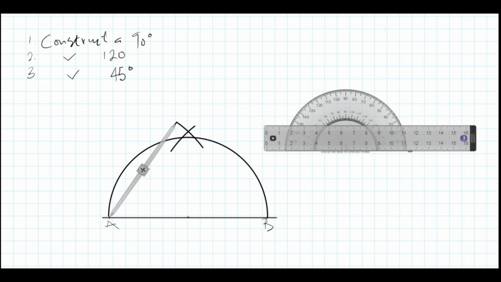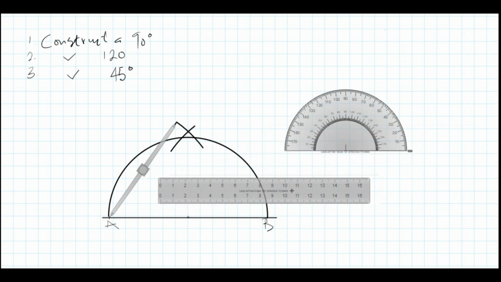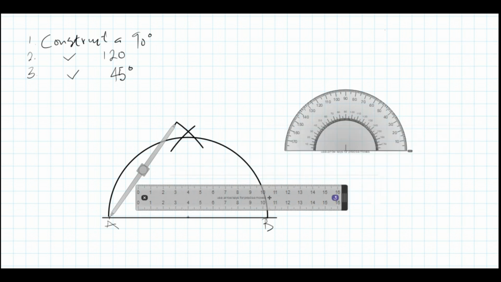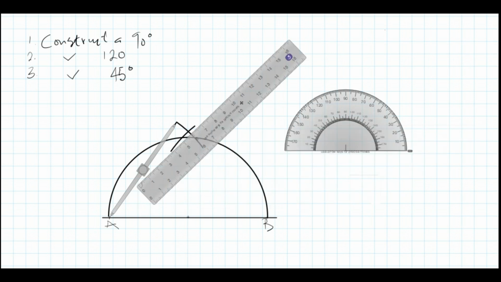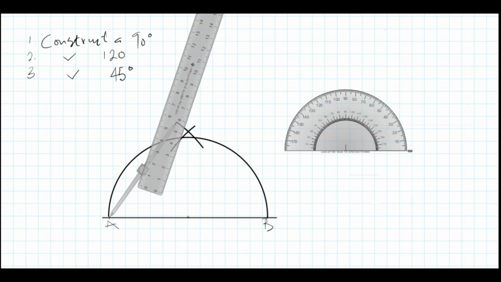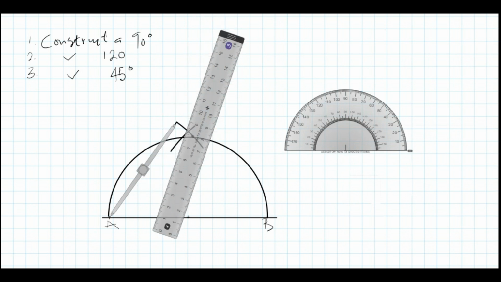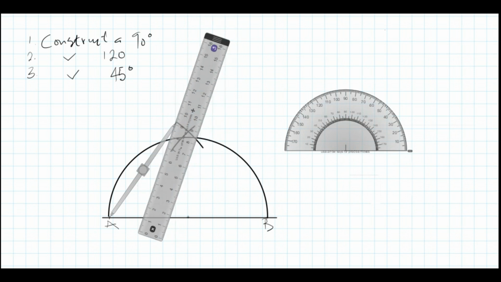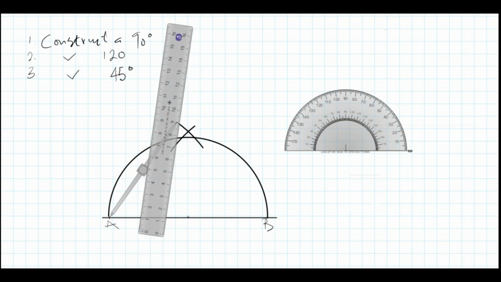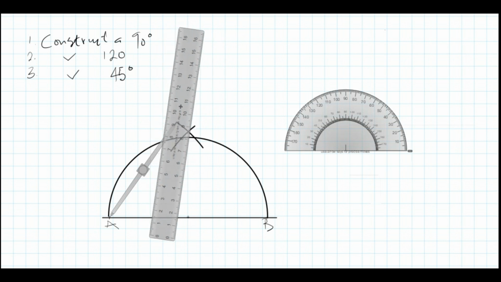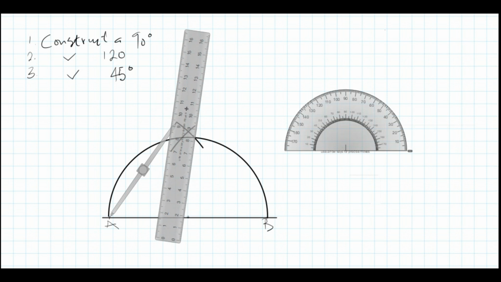Then with the help of our ruler, we join a straight line or a vertical line from the top to the bottom, or the center of the semicircle. So we are going to join it that way.